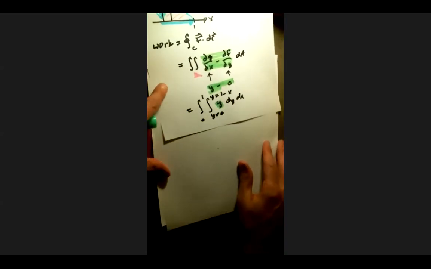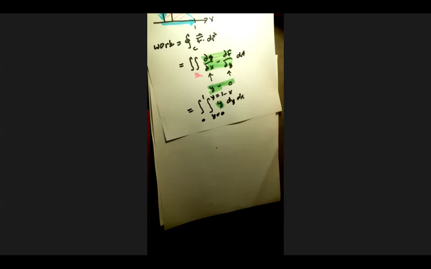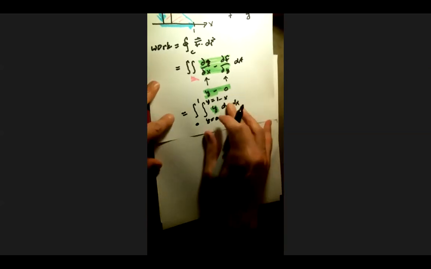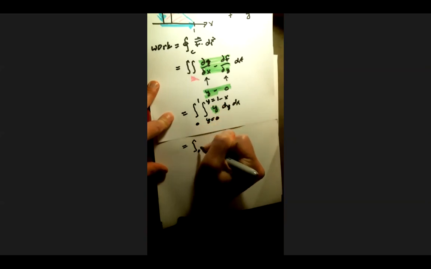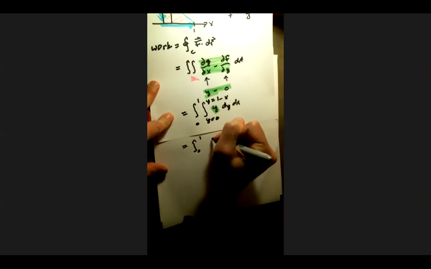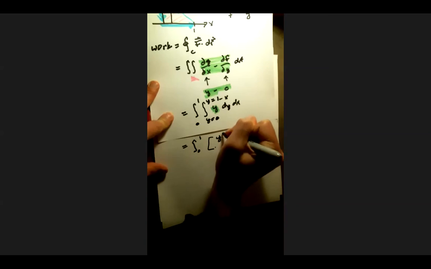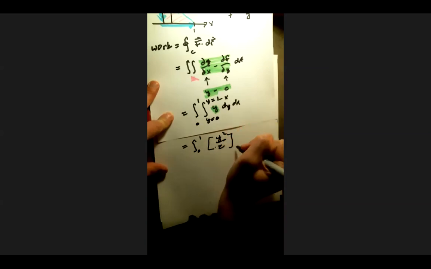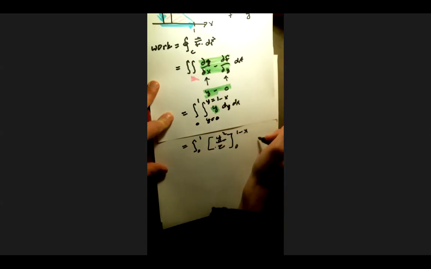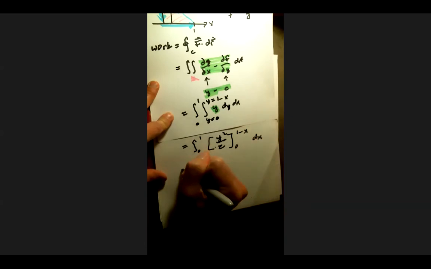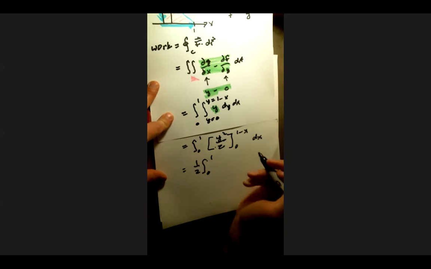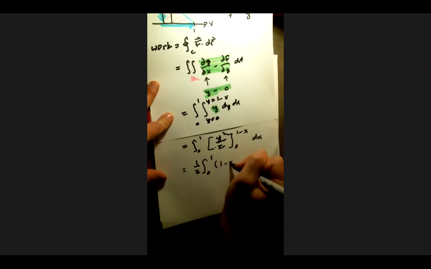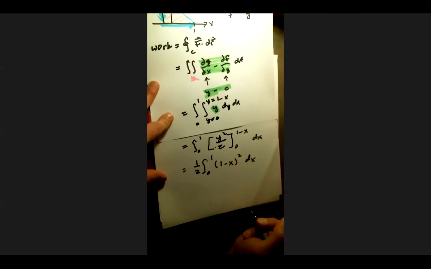All right, let's just integrate it. See what happens. So we're going to get the integral from 0 to 1 of y squared over 2 from 0 to 1 minus x dx, which is 1/2 integral 0 to 1 of 1 minus x quantity squared dx.